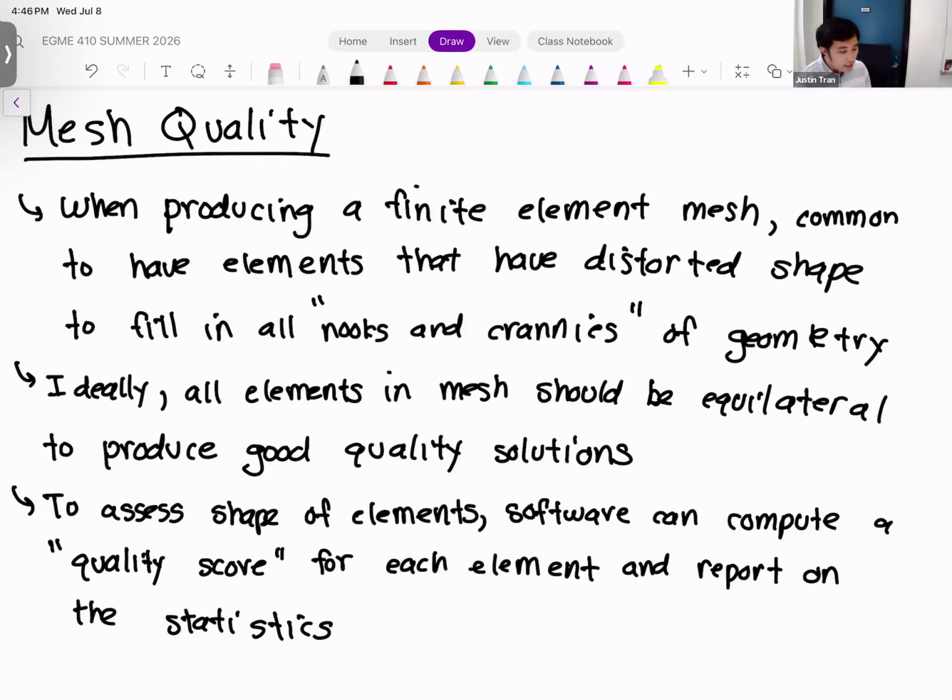Based on the statistics, we can make a determination whether, on average, our elements are good quality or bad quality. And we can even identify where the regions of poor quality elements are, where maybe we can go in and fix it if we think that it's affecting our solution negatively.